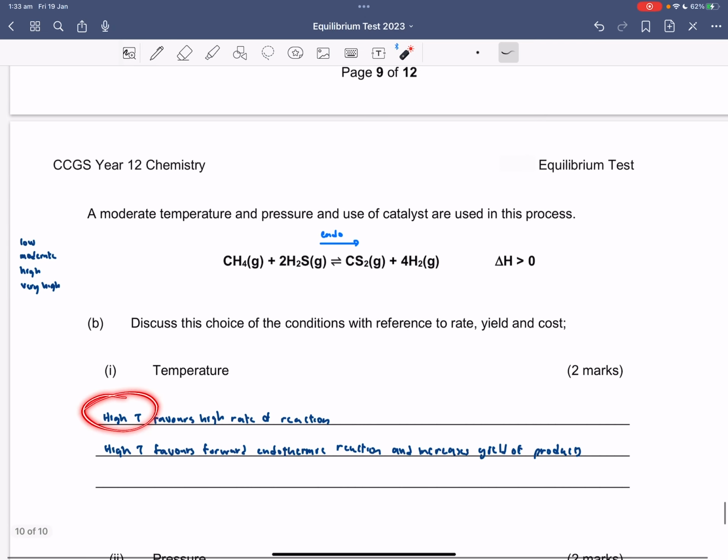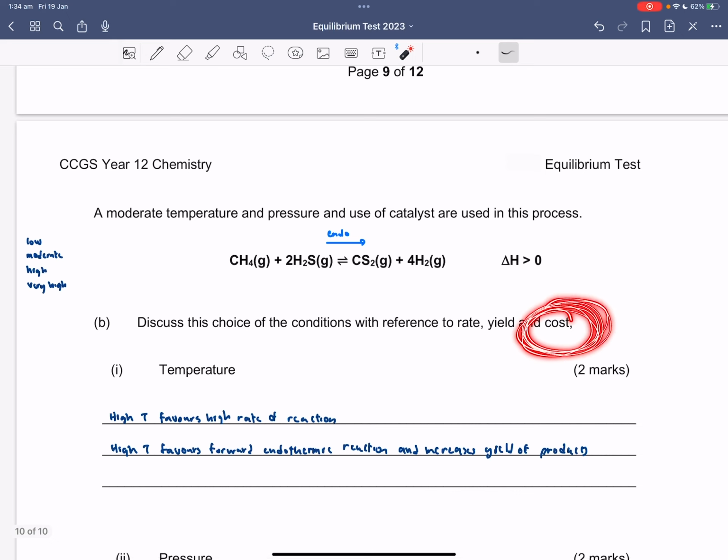So, high temperature favors reaction rate. High temperature favors high yield. So it just makes sense to use high. But because it says cost and because it says moderate, and more importantly because it says moderate, it's not even the cost so much. The cost is why we don't use very high.